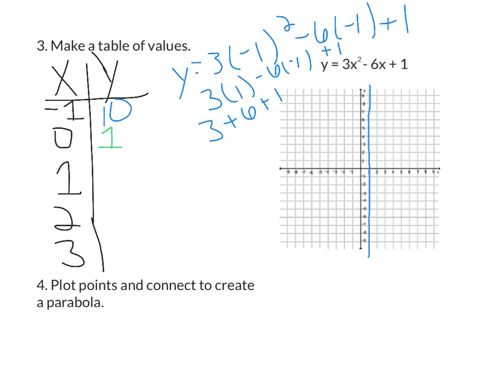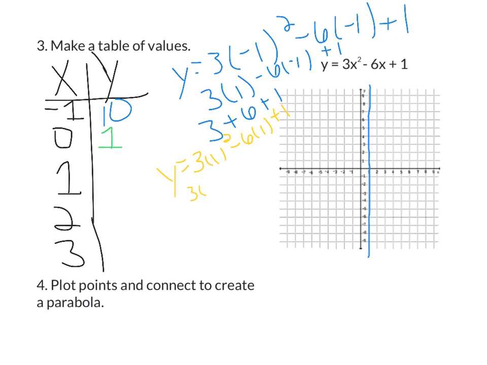Now I'm going to plug in 1 for x and solve. So I'd have y equals 3 times 1 squared minus 6 times 1 plus 1. Using my order of operations and solving for the exponent first, 1 squared is 1.